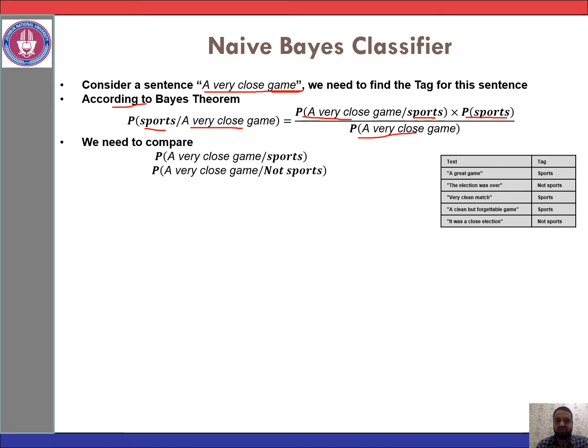Here we will find the probability of the sentence given that it is sports and the probability of the sentence given that it is not sports. So we will find these two probabilities. These are the likelihood probabilities, and then we will compare these two probabilities and decide the tag for the given sentence based on the calculated probabilities.